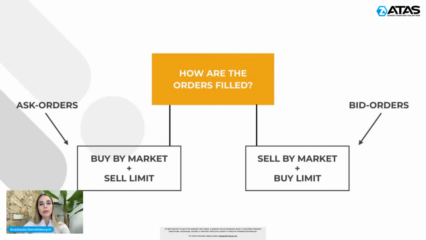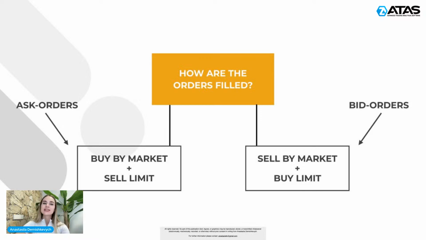So according to the basic principles of order execution, which we already discussed in the previous webinar, when a market buy order is placed, it gets filled against the resting sell limit order. So a market buy order plus a limit sell order is an ask type of order.